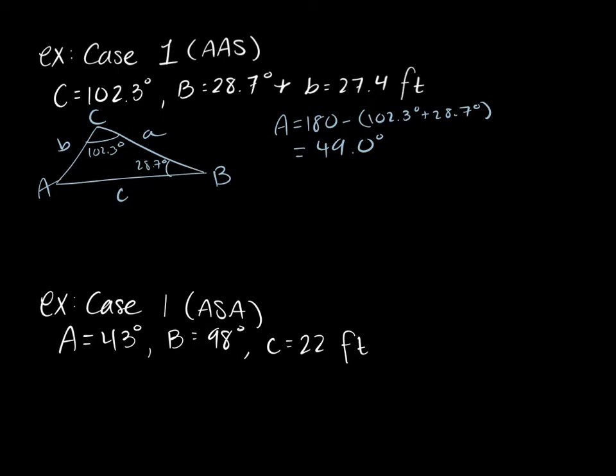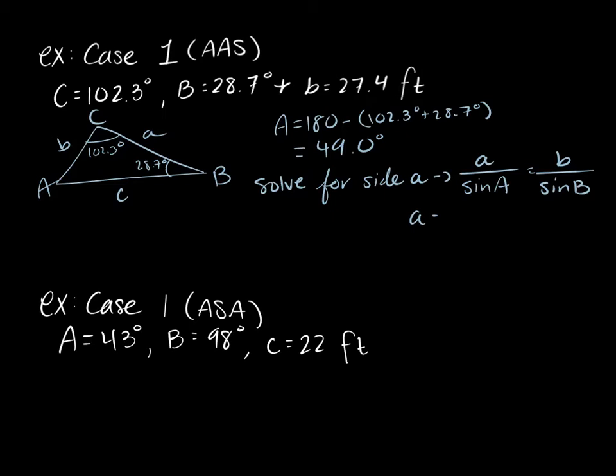Then what we need to find is side a and side c. First we're going to solve for side a. So we have side a over sine of A is equal to side b over sine of B. So a will be equal to sine of A times b over sine of B. I'm going to plug in what I know, which are angles A and B and side b.